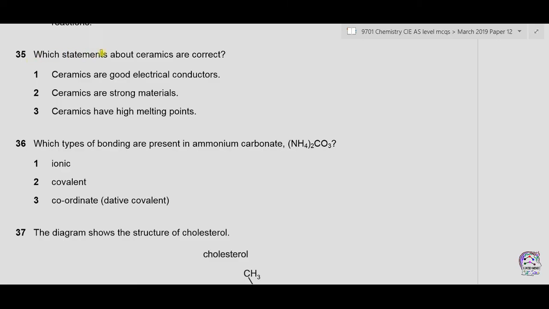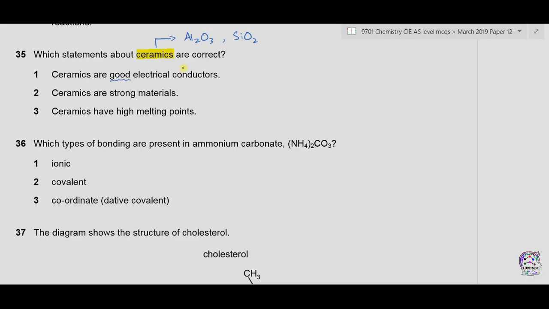Question 35. Which statements about ceramics are correct? As we know, ceramics are composed of aluminum oxide and silicon dioxide. Let's move towards options. In 1, ceramics are good electrical conductors.